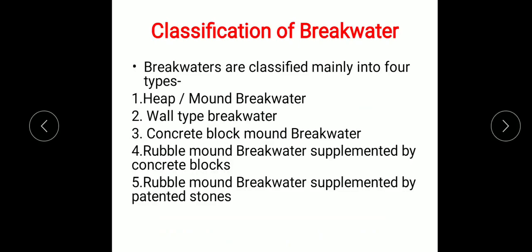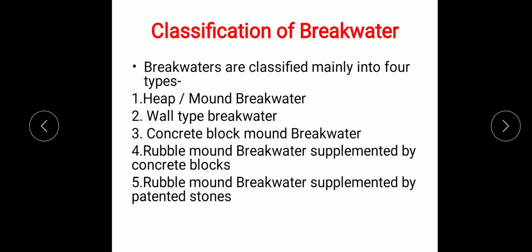And fifth type is the rubble mound breakwater, which is supplemented by the patented stones. So in our syllabus, we are dealing with only the first 2 types, that is heap or mound breakwater and wall type breakwater. So we will discuss the construction of these breakwaters in detail.